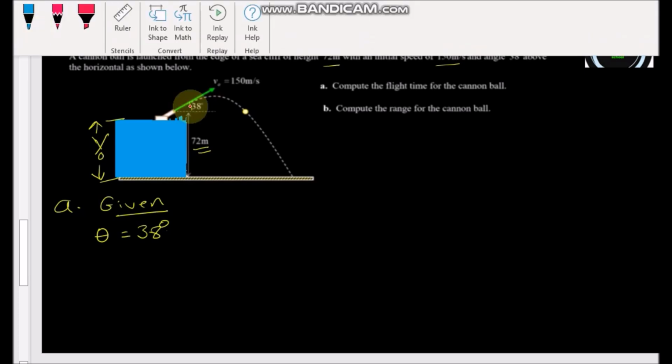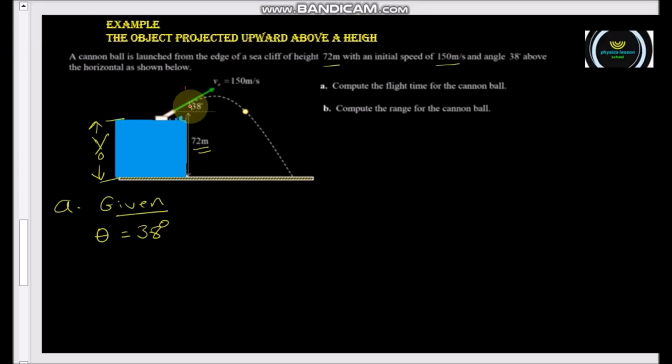After this object is projected, at this point we have two components, right? The first component is the vertical component, that means the vertical across the y, v naught y, is equal to v naught sine theta. Here we have again the horizontal, v naught cos theta.